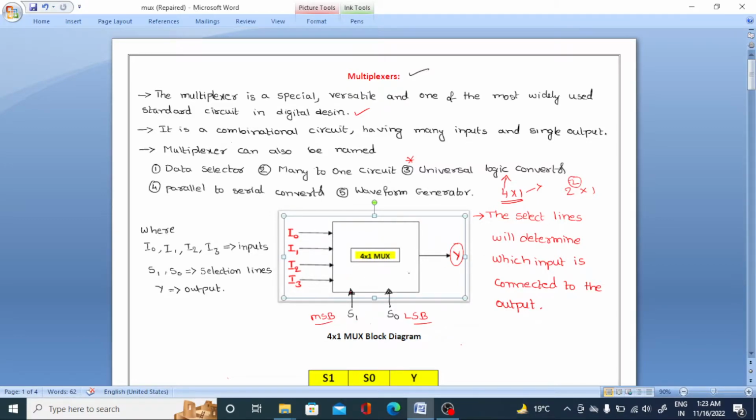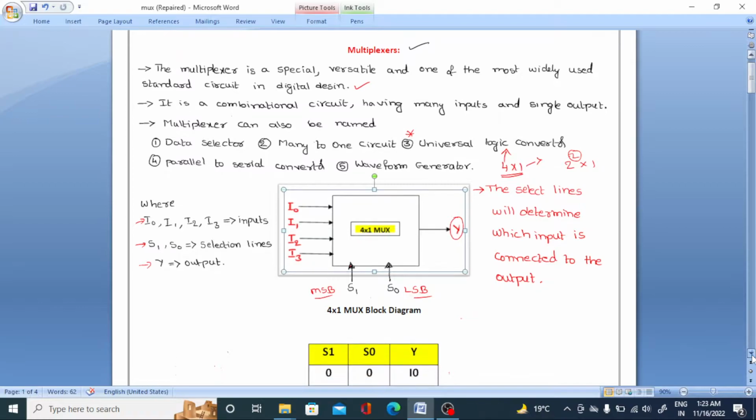For the 4 by 1 multiplexer, I mentioned the input combinations here, S1 and S0 are the selection lines, and Y is the output. You can also observe that the select lines determine which input is connected to the output. Now see the truth table.